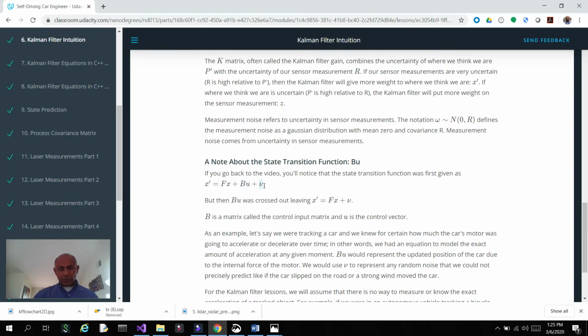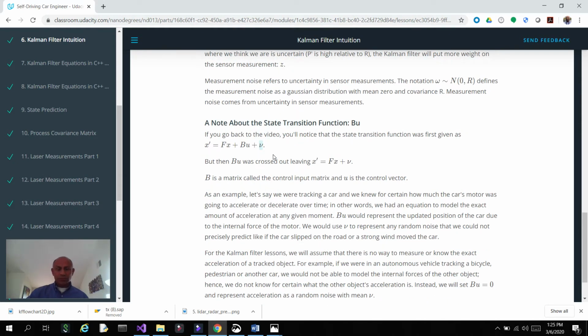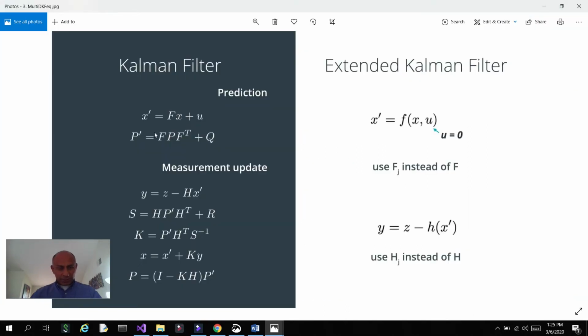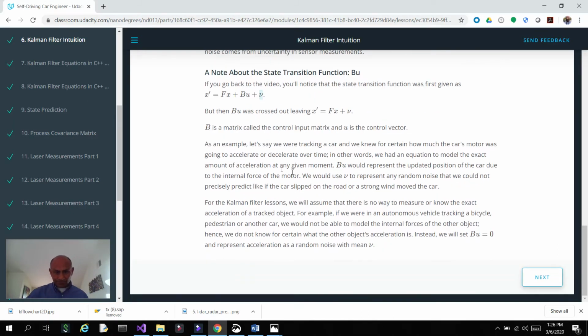We're going to assume constant velocity and therefore no acceleration, and we are also not going to take nu, this noise here. We're going to consider the noise in this Q function, or Q parameter I should say. So that's that.